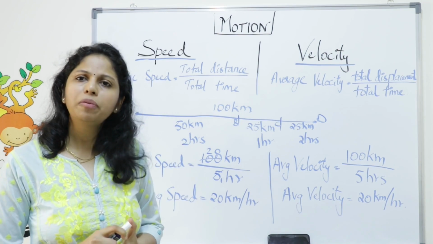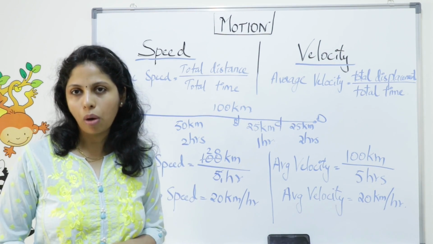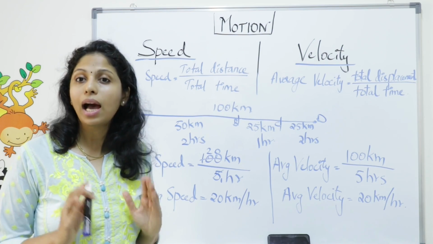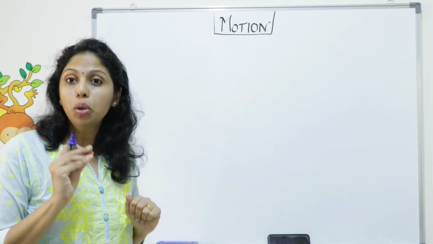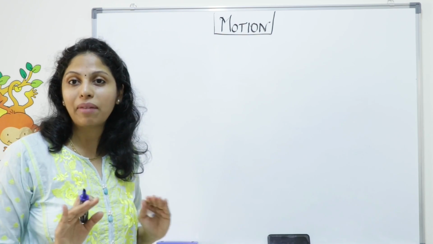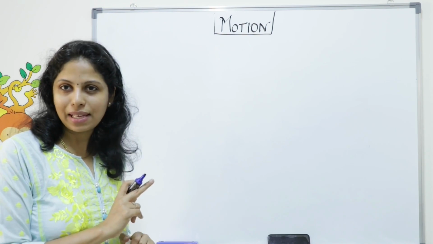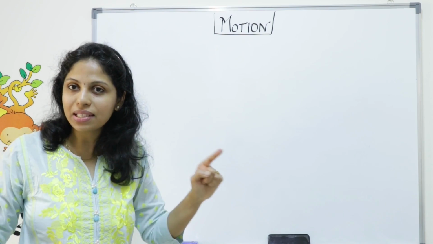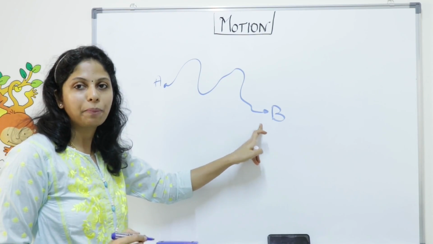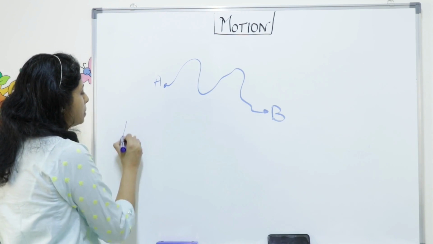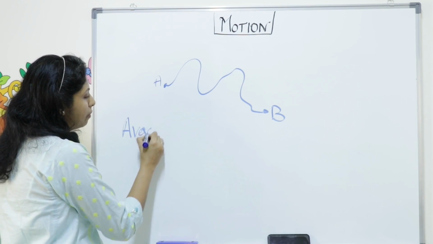Okay, now how to find the average velocity of an object changing at uniform speed? Suppose the object is traveling with uniform speed and it is not traveling in a straight line. Last example, it is traveling in a straight line. So it is traveling from the point A to a point B. Now for this kind of problems, how can we calculate the average velocity?